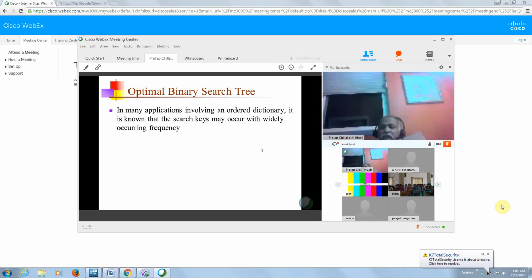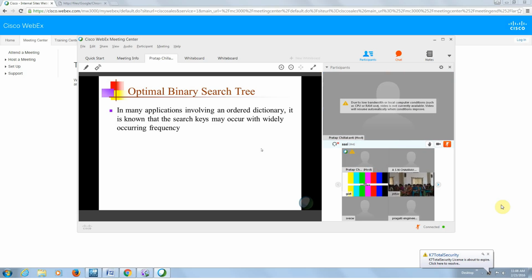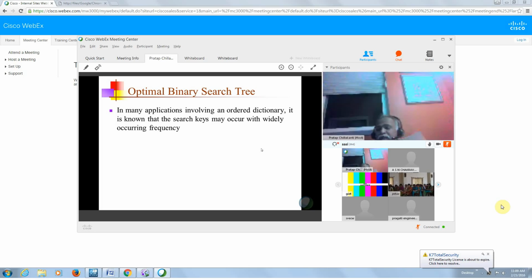Now, in the situation that we have, we build what is called an optimal binary search tree. Now what is optimal there? Because here we know what we are looking for most of the time.